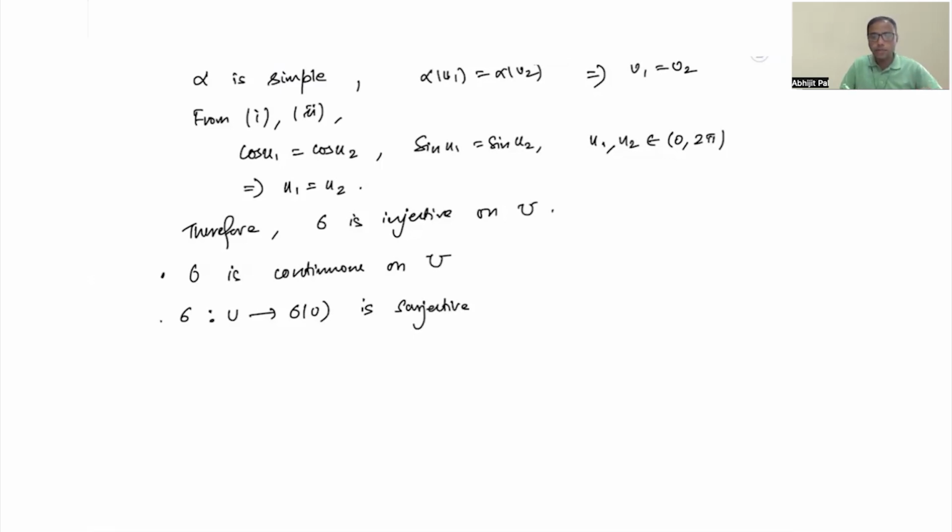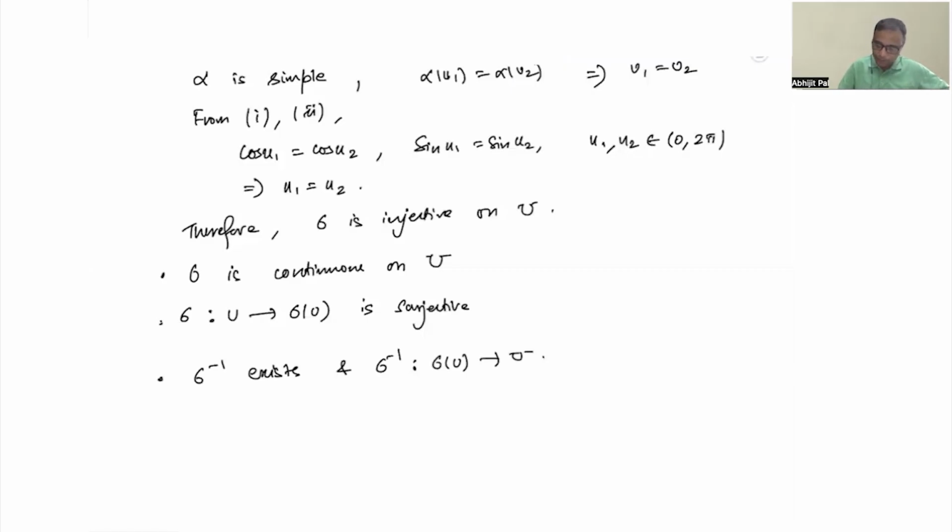Okay, sigma is injective, surjective. So therefore sigma is a bijection. So sigma inverse exists, and it is a map from sigma u to u.